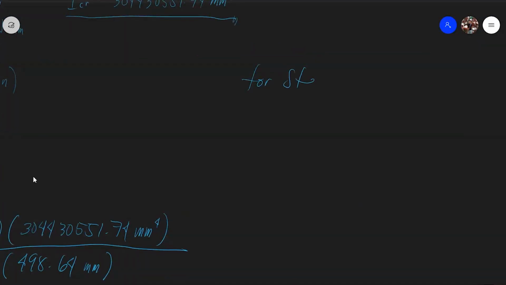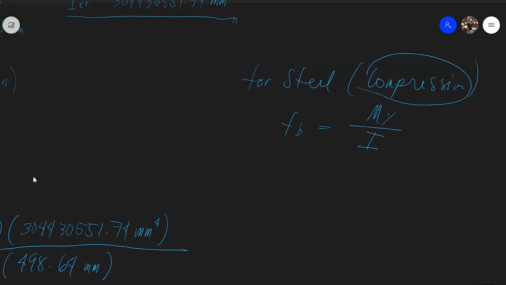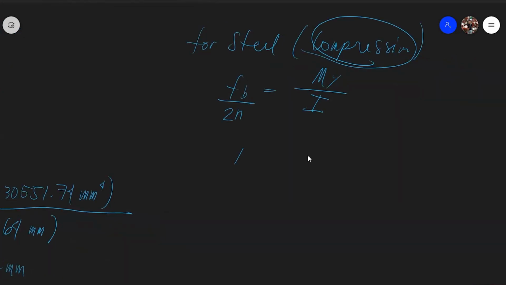Now we have another steel. For the steel in compression, take note of the formula again: FB is equal to My over I. But since this is in compression, instead of dividing by N, we divide by 2N. That is why it is compression. Did you get it? Yes, sir. So rearranging this equation, you will get the moment equal to FB multiplied by I over 2NY.